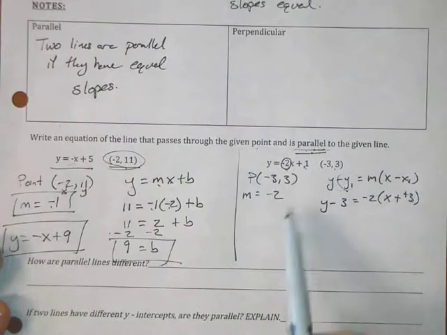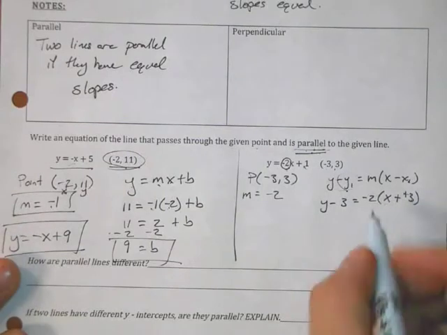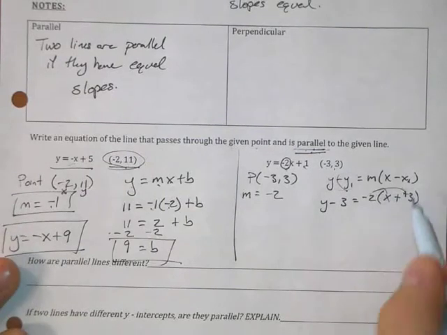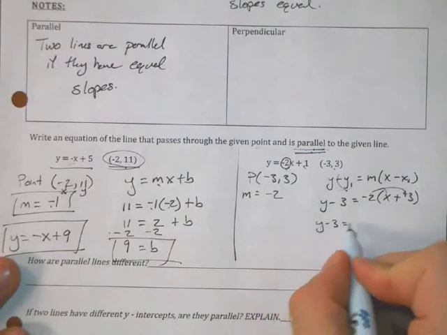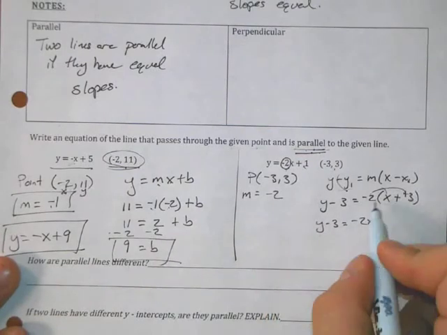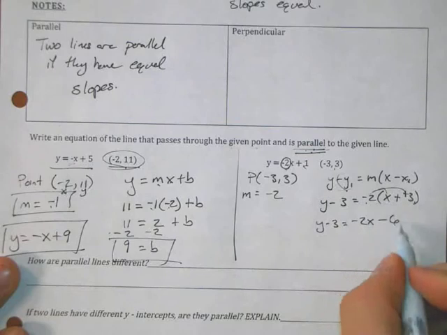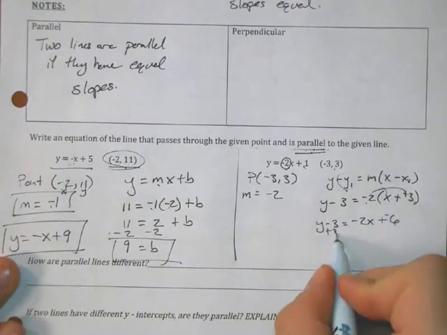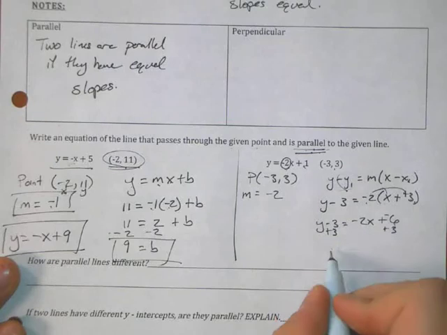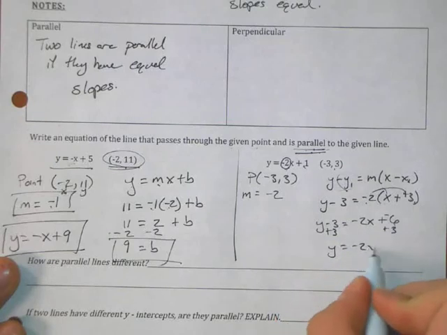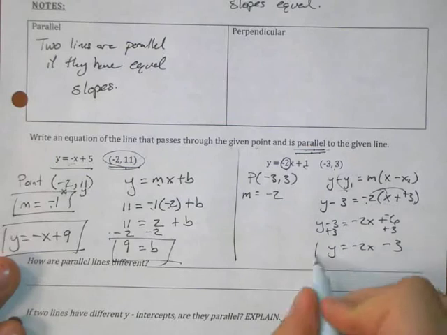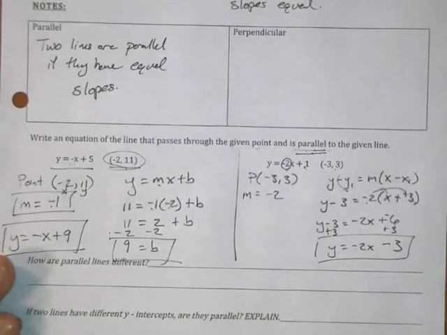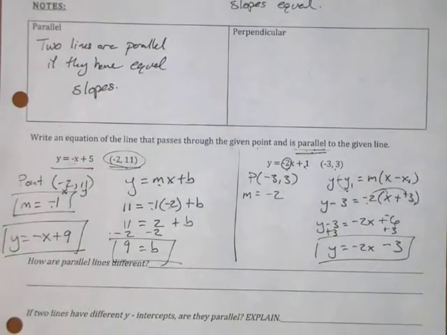So if I'm going to simplify this into slope-intercept form, y equals, let's distribute this -2. -2 times +3 is -6. You can do plus -6 if you want. Add 3. And end up with this, just by distributive property going in.